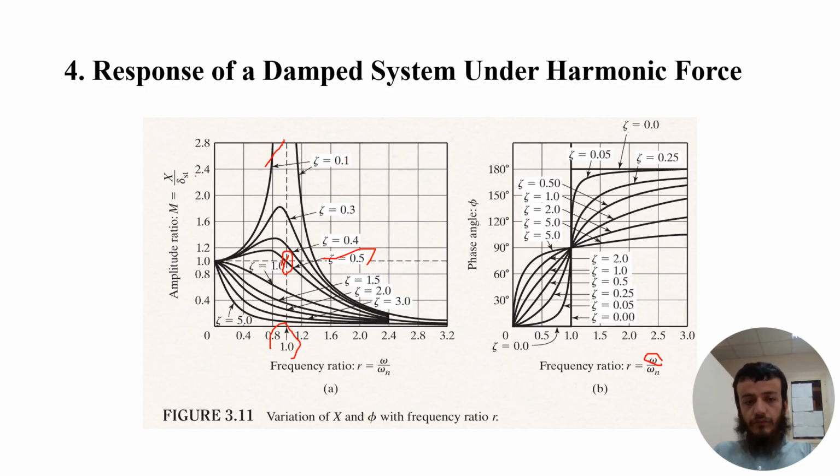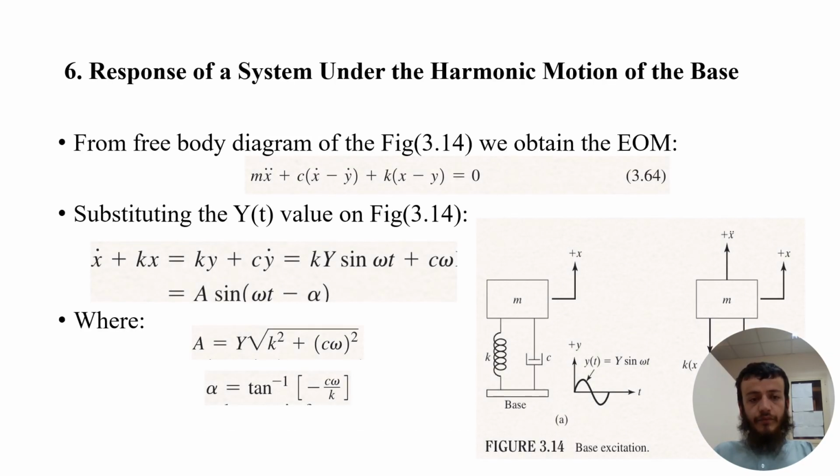By the way, the next part also shows the response of the system under harmonic motion of the base. In previous slides, we didn't have harmonic motion for the base, but here the base has a harmonic motion given by this equation: y(t) equals Y sine omega t.